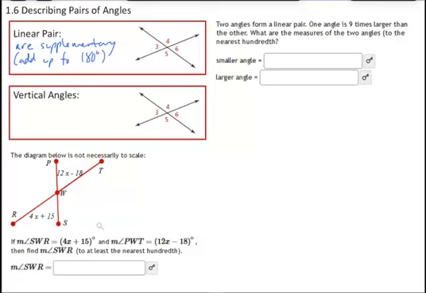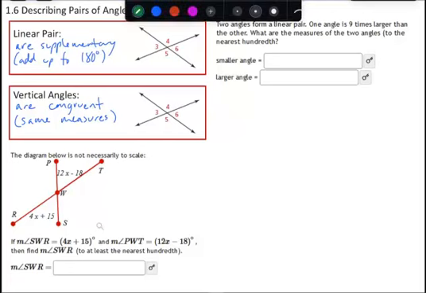So a linear pair are supplementary. They're going to add up to 180 degrees. And for vertical angles, the relationship that exists here is they are going to be congruent. And remember, congruent means they're equal in all respects, which means they have the same measures.